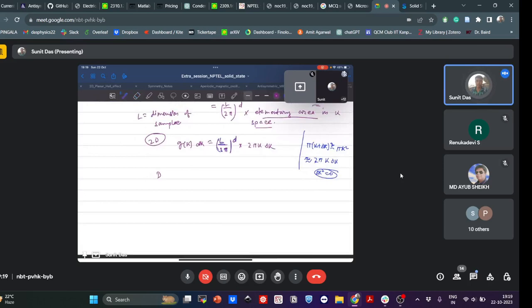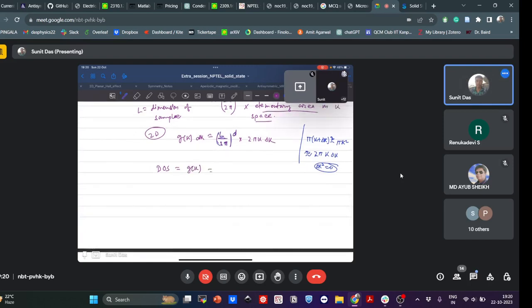DOS is g(k), and g(k) is proportional to this part. g(k)dk and Δk are equivalent basically. When we take an infinitesimal element, then dk and Δk we treat equivalently.